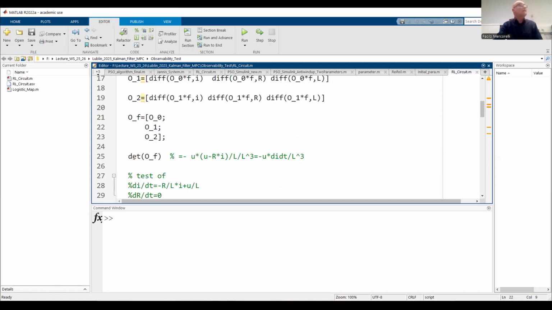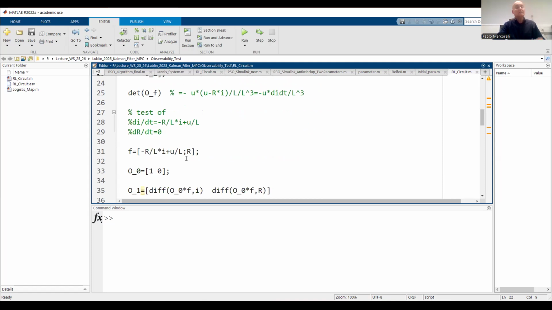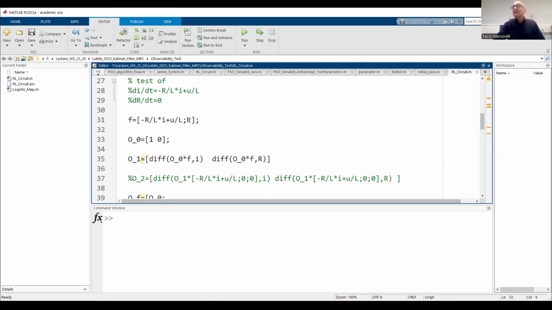Then I will do the determinant, and I am ready. We will see if the determinant is full rank or not. We have just one determinant to be calculated. Let me show you quickly the case just with R. This is the field.